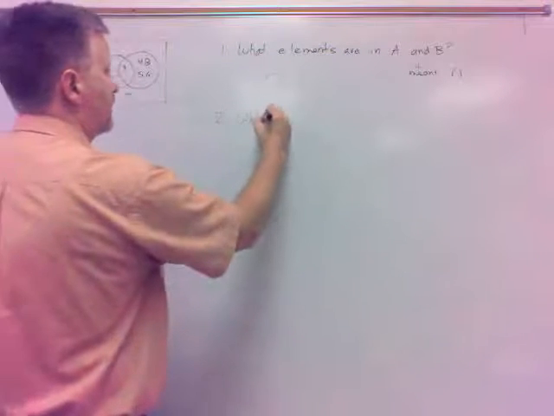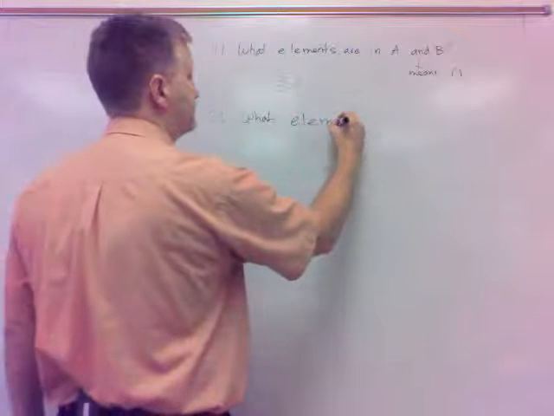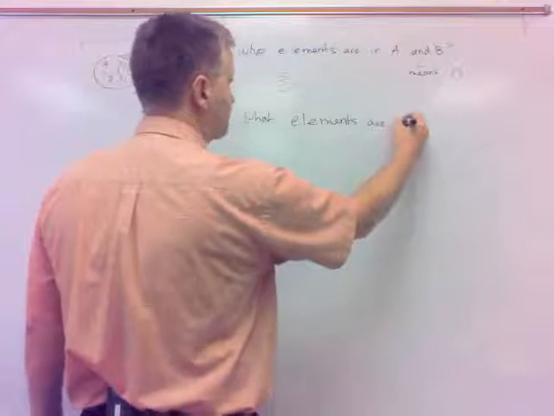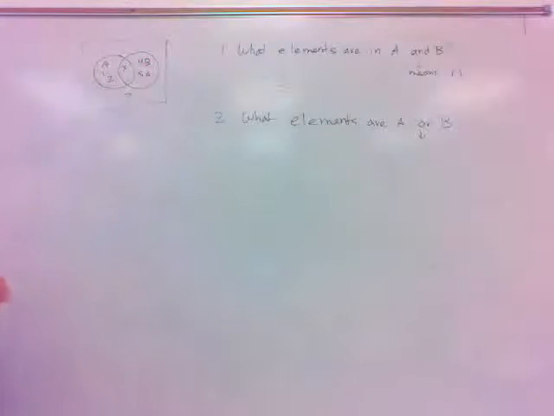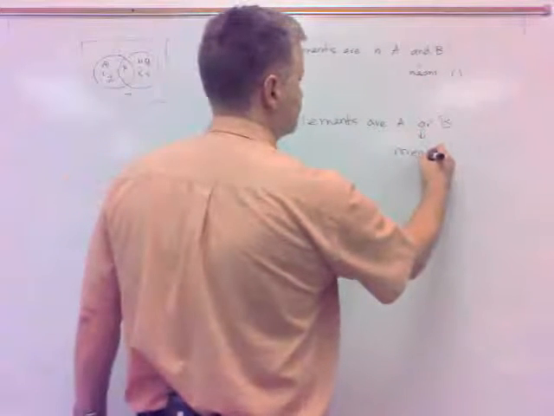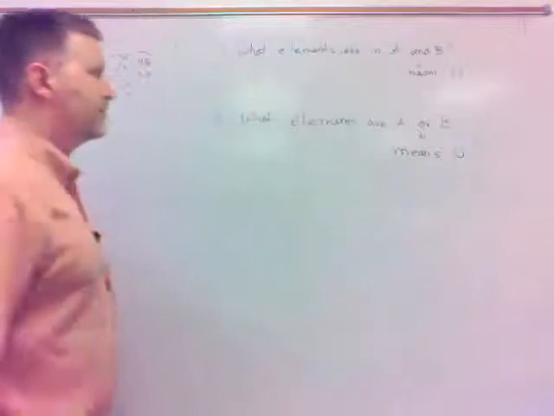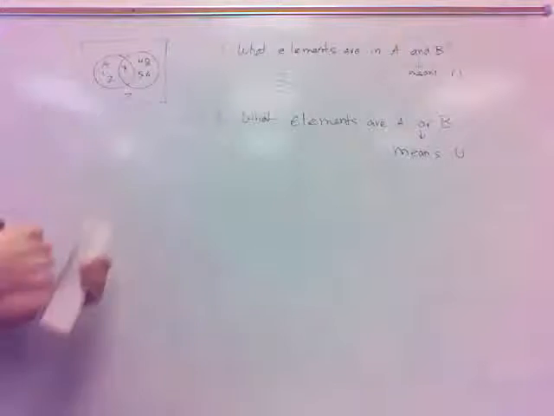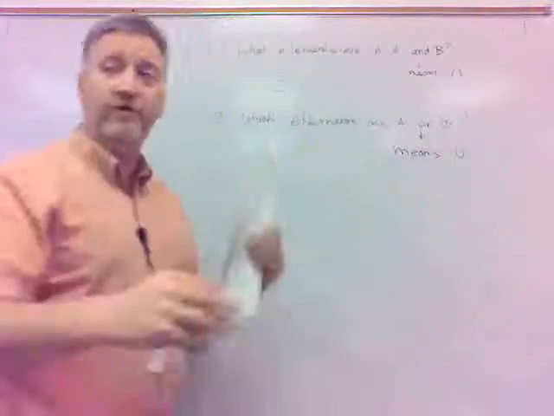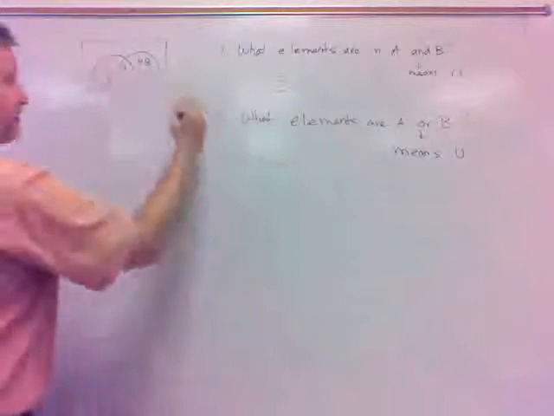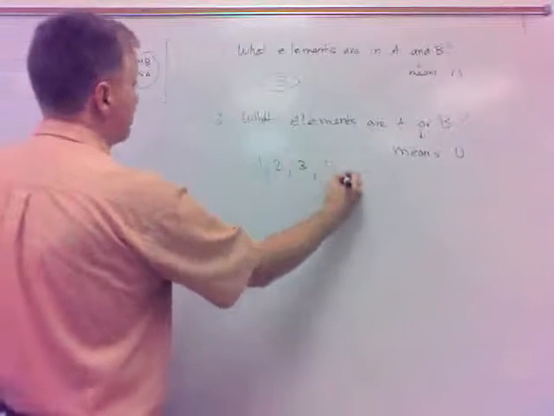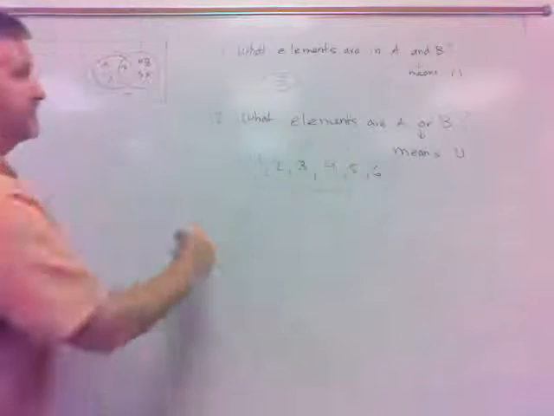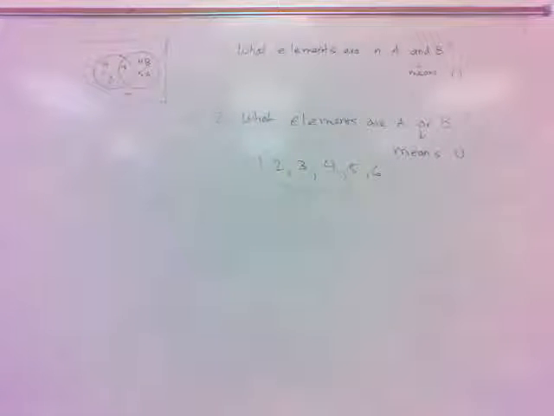On the other hand, what elements are in A or B? Or means what? Or means the union. Which elements are in A or in B? In other words, which ones are in one or the other? Well, 1 and 2 are in A, and then 3 is in A and B. 4, 5, and 6, all those elements would be in A or B, in the union of the two sets.